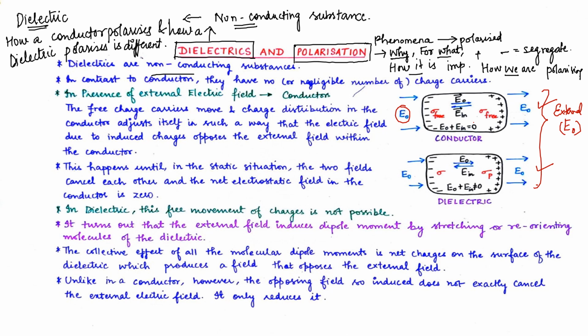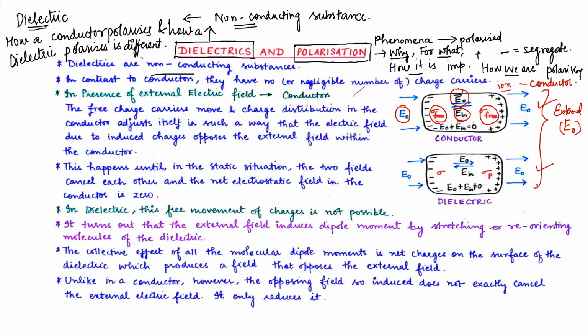Now this is the external electric field. When this external electric field is applied to the conductor, the free electrons and free ions, basically we will not say just electrons, start to form an internal electric field.